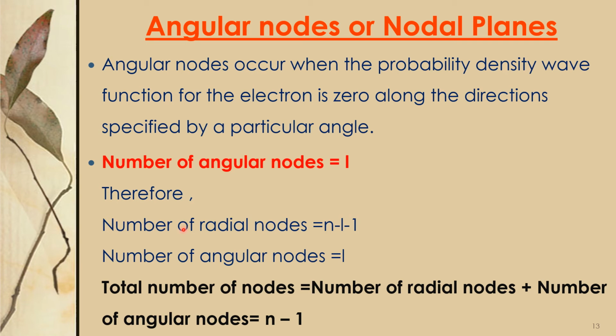Now, how many total nodes are available in a particular atomic orbital? Total number of nodes equals the number of radial nodes plus the number of angular nodes. The number of radial nodes is n minus L minus 1, plus the number of angular nodes L. So n minus L minus 1 plus L, the L cancels. So the total number of nodes available in a particular orbital equals n minus 1.